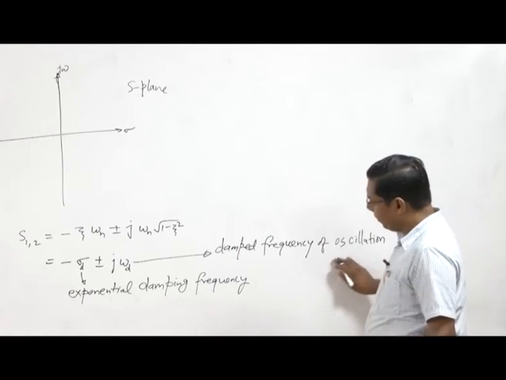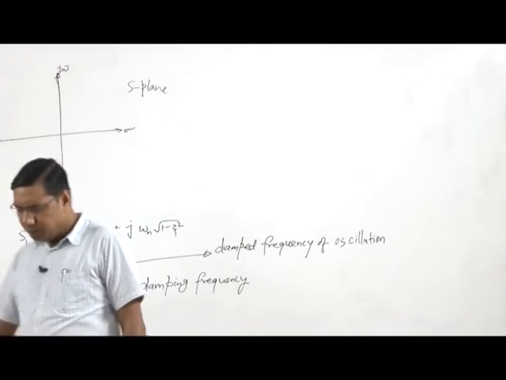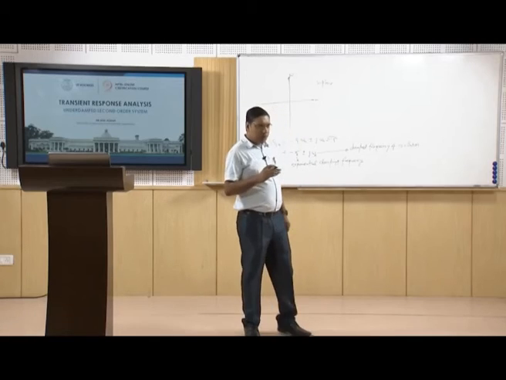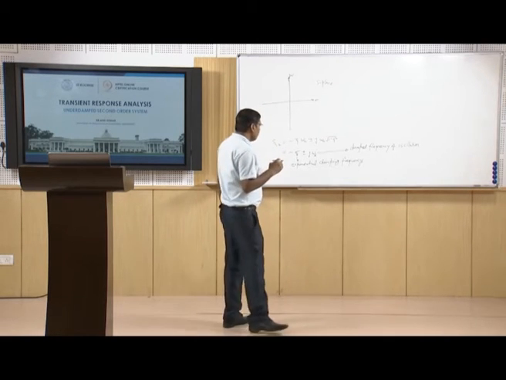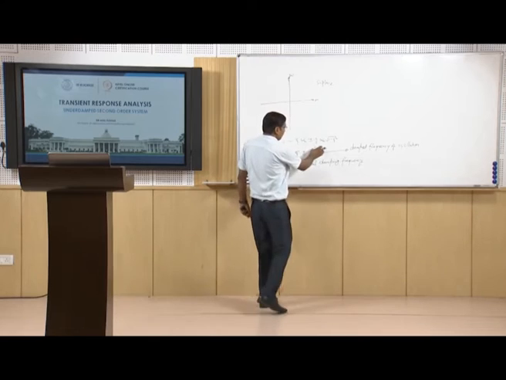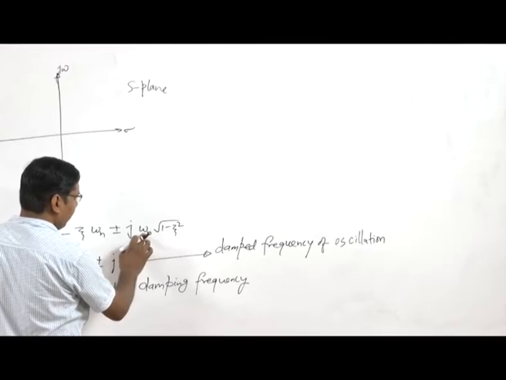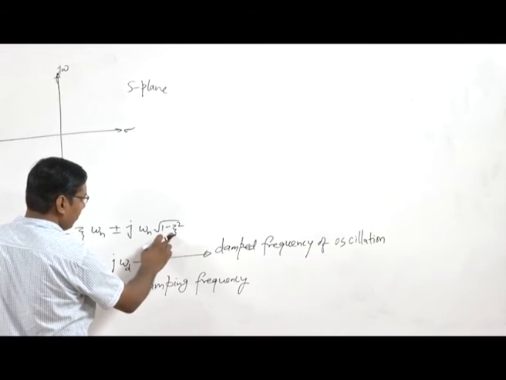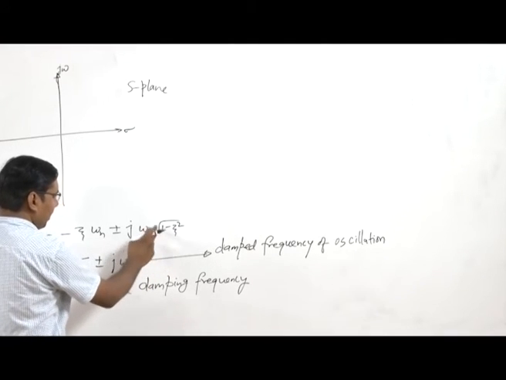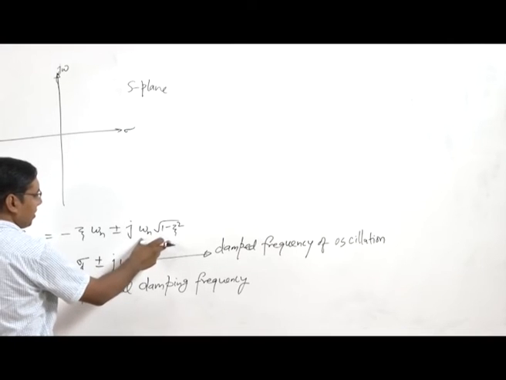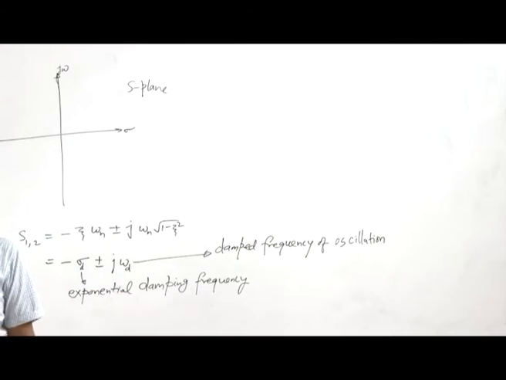So this is the frequency with which the damped system oscillates, and you can see that this is less than the natural frequency, because this damping is greater than 0. So this value will be less than 1, and therefore the damped frequency is less than the natural frequency of the system.